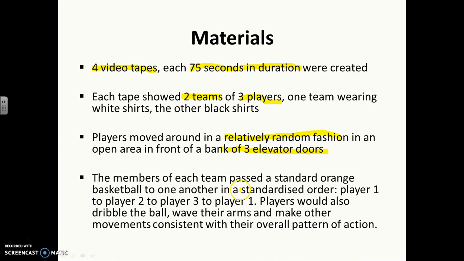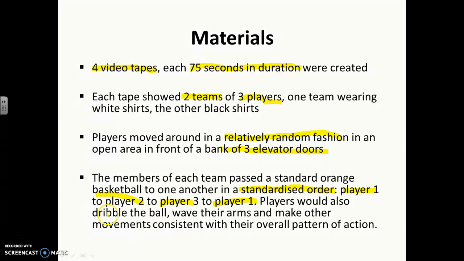Members of each team passed a standard orange basketball to one another in a standardized order. They'd given them player numbers in each team. Player 1 passed to player 2, passed to player 3, passed to player 1. So they knew which person they would be passing straight on to.